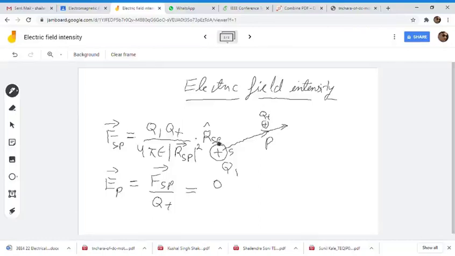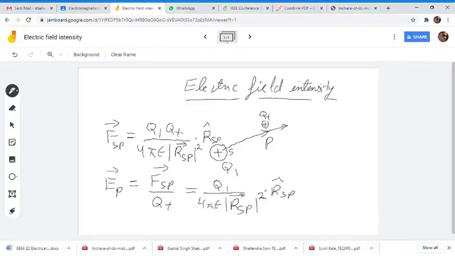So this will be q1 upon 4 pi epsilon RSP whole square, in the direction of RSP.